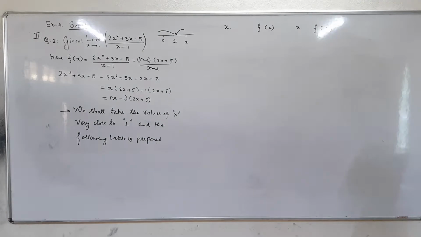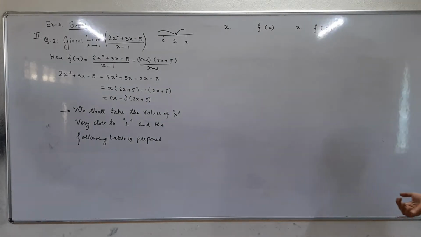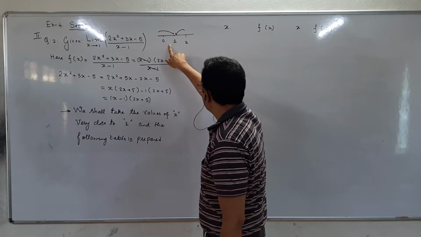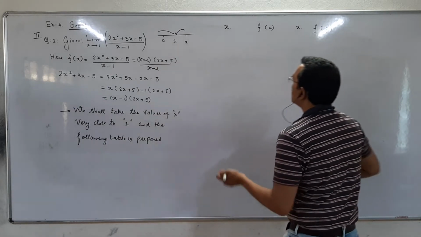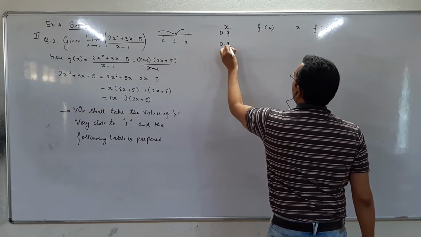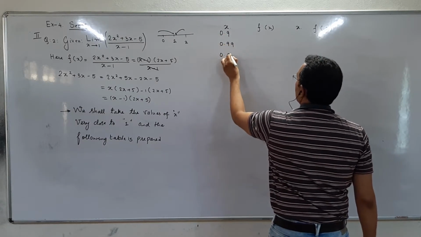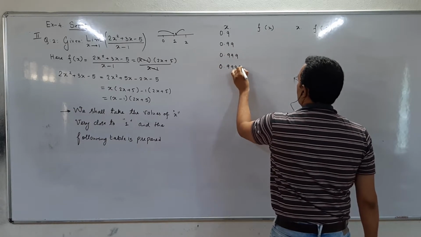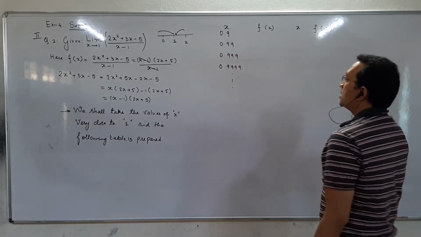Now students pay attention. Shift point 1 to the left, so it will be 0.9. So the values are 0.9, 0.99, 0.999 and 0.9999 onwards.